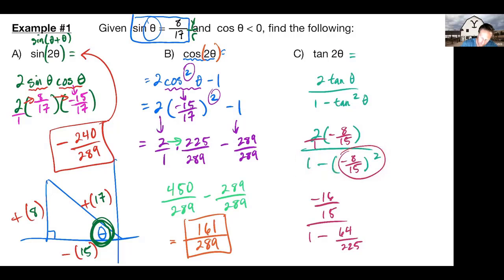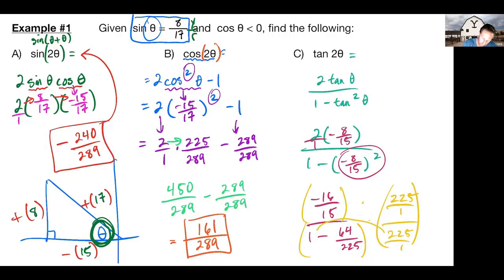So getting a common denominator there is definitely something I could do and then rewrite it, but I'd rather just multiply this whole big fraction by a fancy 1, which I know a common denominator of both 15 and 225 would be 225. So that's the fancy 1 that I'm going to multiply by to both the top and the bottom to get rid of it.